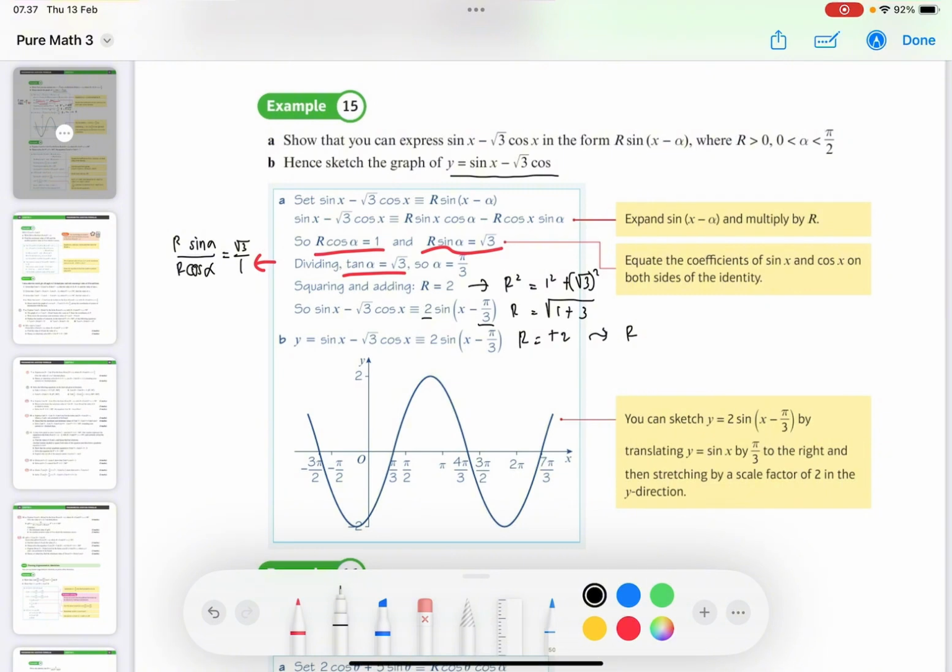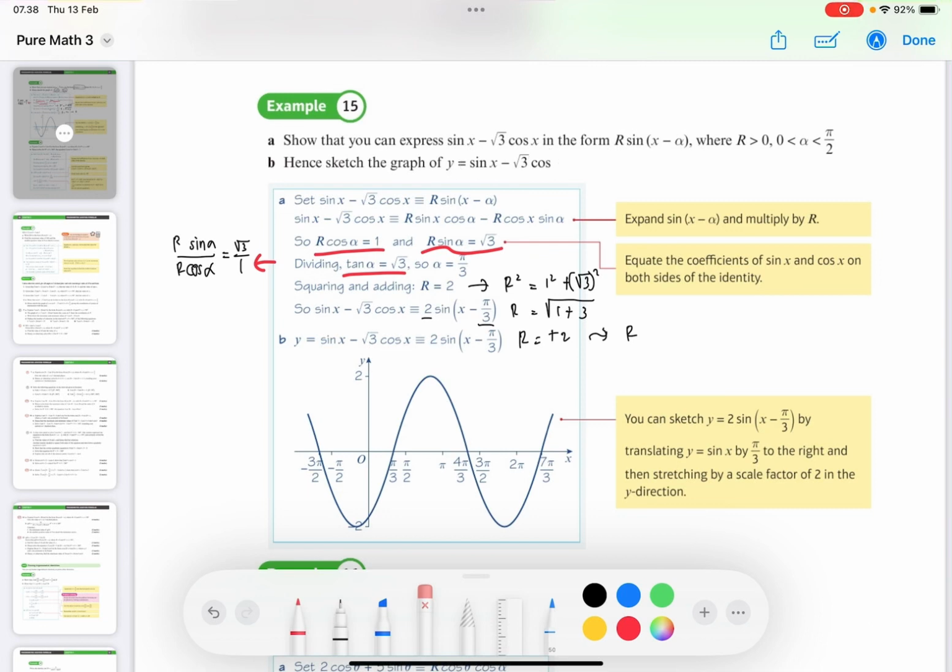Why? Because it has two terms of trigonometry function that are different, which is here sine, here cos, right? That's why it's hard for us to sketch. That's why we need this form so that it will be easy for us to use it.